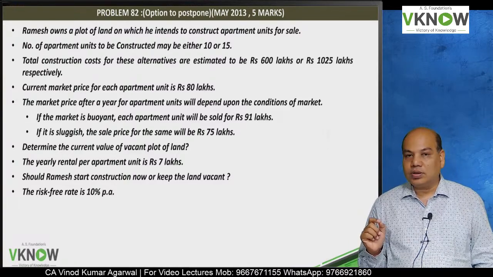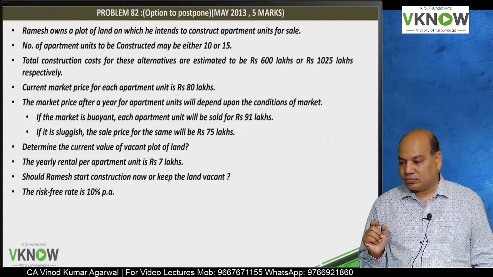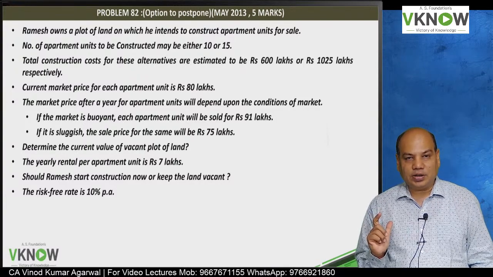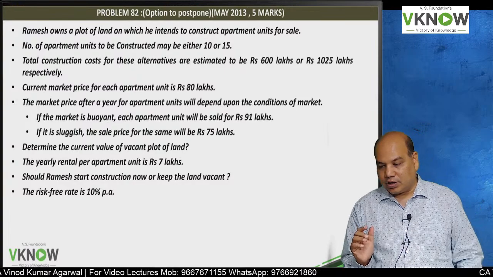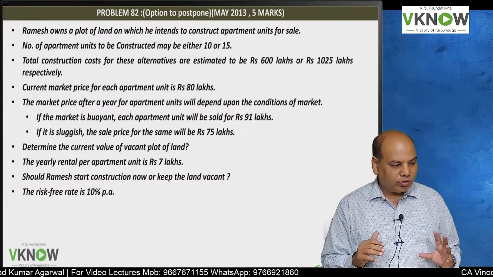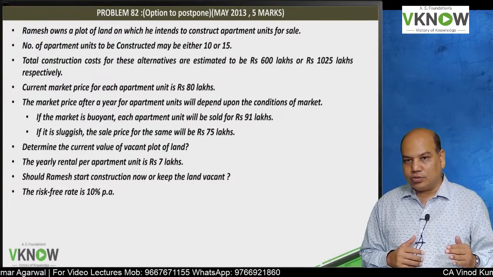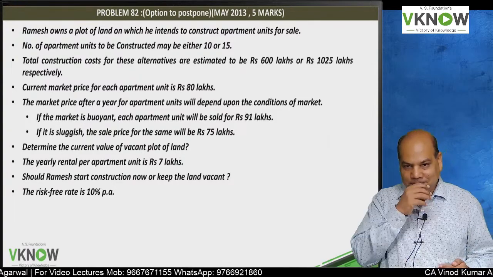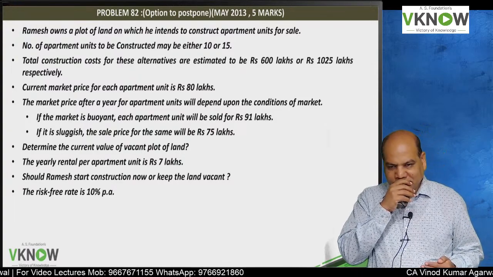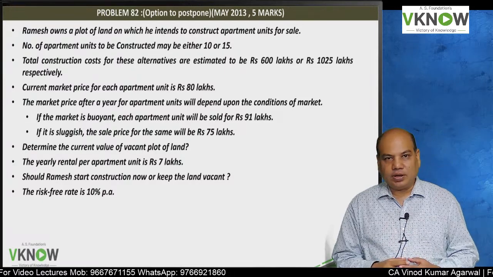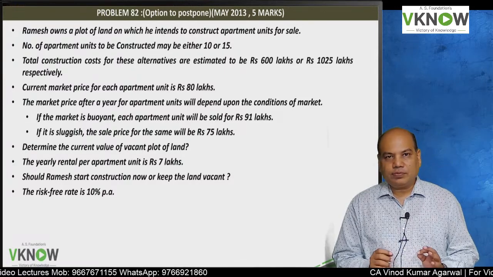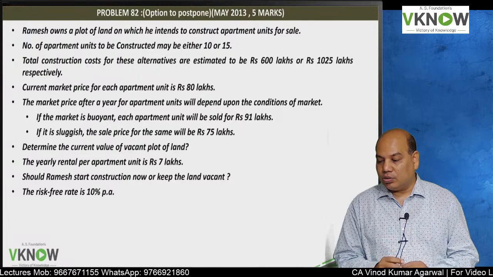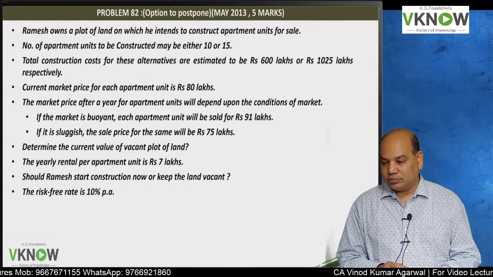But if the demand is sluggish, the price will be 75 lakh. Each apartment can be sold for 75 lakh. So the advantage of waiting is that you will get to know whether you will get 91 lakh or 75 lakh. The question is, first determine the current value of the vacant plot of land.